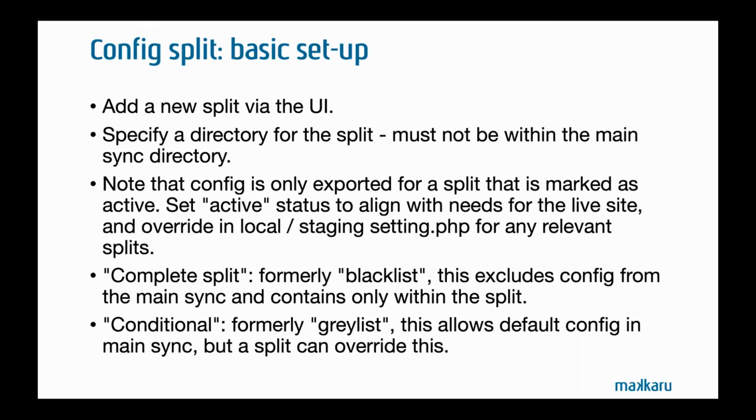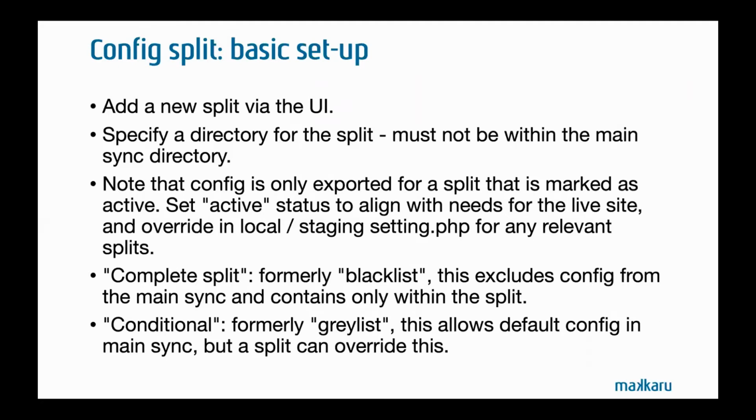A couple of little bits of terminology worth keeping in mind. If you've used this before, you may have seen the terms blacklist and greylist. These are actually now, I'd say, slightly better described as complete split, which basically says don't include this in the main sync at all, only include it within the split.